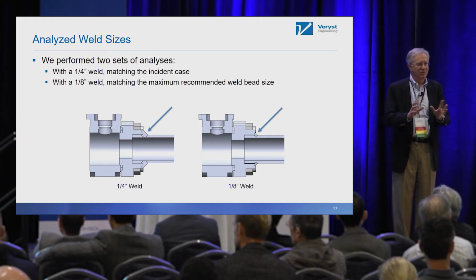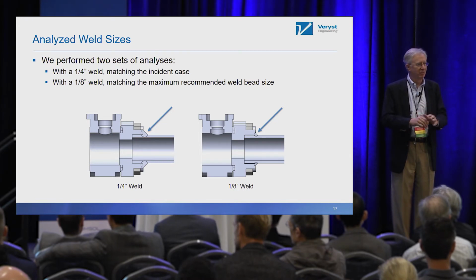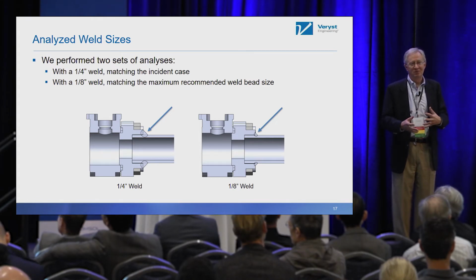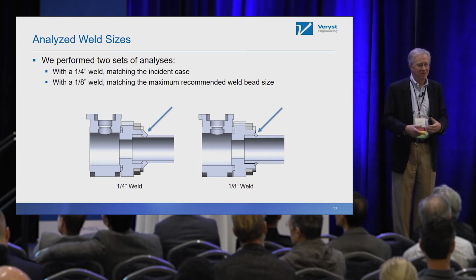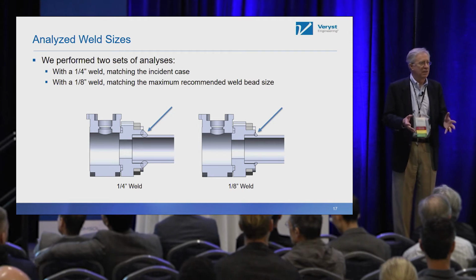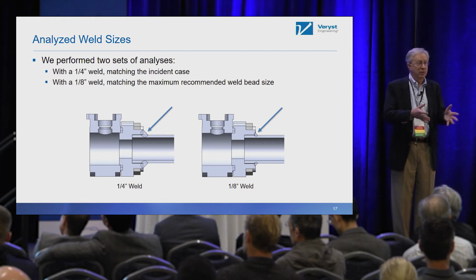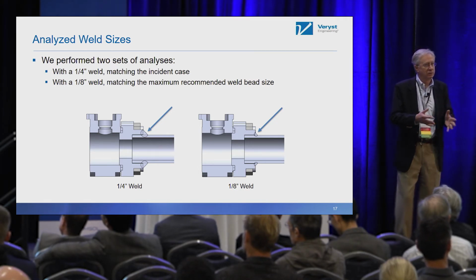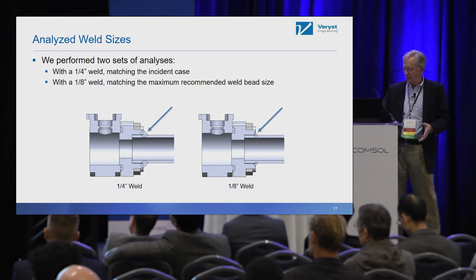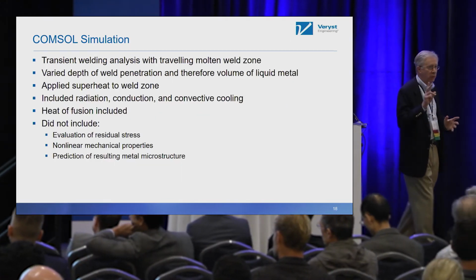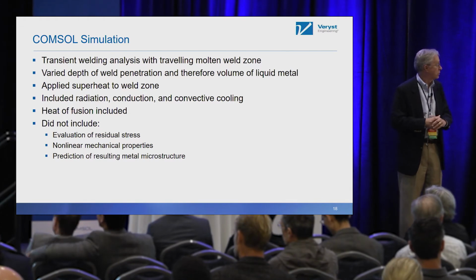It was considered to be deficient. The plant threw it out. So we didn't actually know what the size of the weld bead was. We didn't know what the welding parameters were used for that process, so we couldn't get an answer. We had to bound it in some way and see what that told us. So we looked at both large weld and recommended weld, and then we also did it under 2 different welding conditions in terms of the size of the fusion zone.